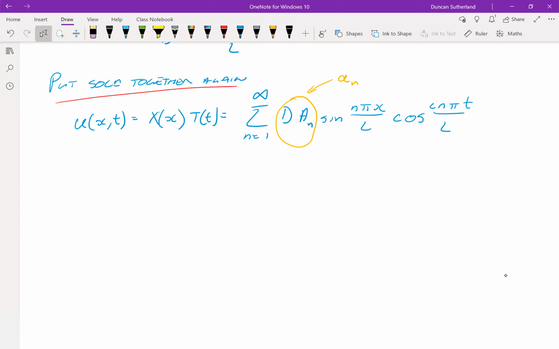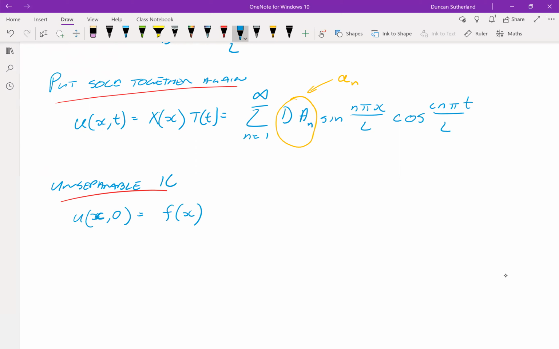Okay, so far so good. What we have to do now is we have to use our final boundary initial condition. This is the unseparable IC. That was u of x, 0 equals like that step function thing.